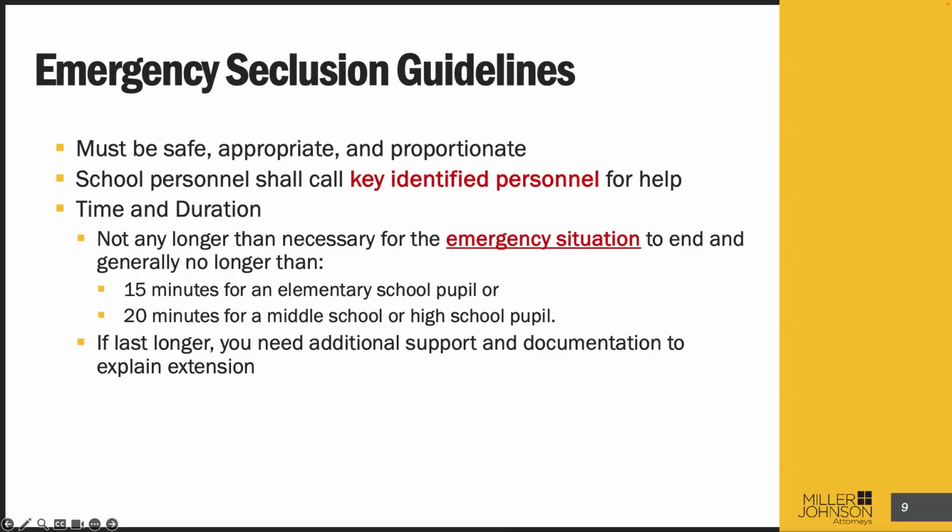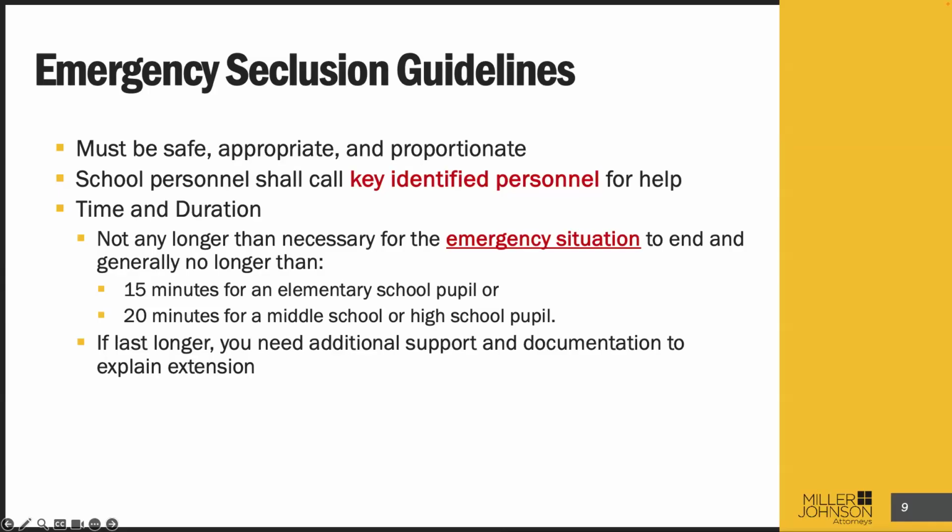Key identified personnel in the building are aware of who they are. They have been specifically trained and specifically identified in terms of responding to these situations which rise to an emergency level and need to be responded to with subject matter knowledge, training, etc. So if you have a situation, again, that you believe rises to an emergency level, contacting key identified personnel is going to be one of the very first things you need to do.